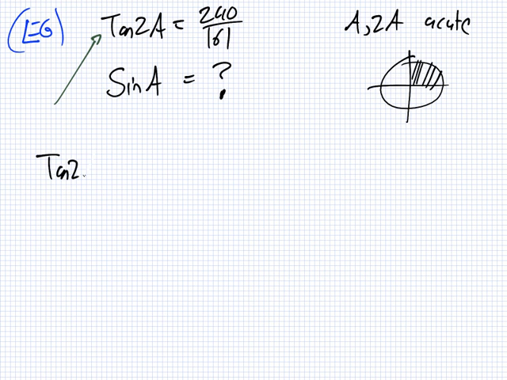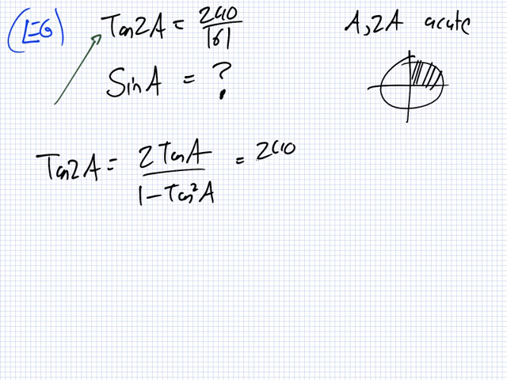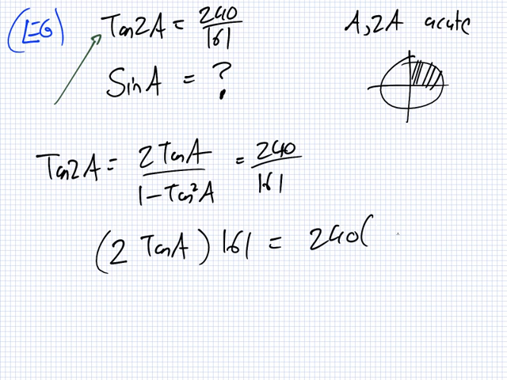Tan 2A, which equals 2 tan A over 1 minus tan squared A, that's equal to 240 over 161. So then I get 2 tan A times 161 equals 240 times 1 minus tan squared A. So 322.